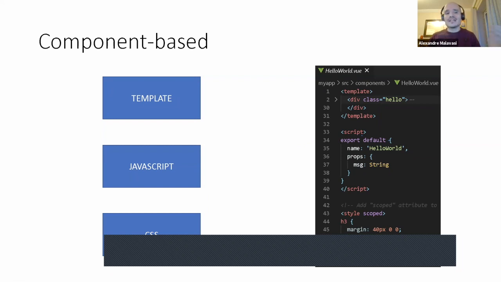You have template, JavaScript, and CSS: HTML, JavaScript, and CSS. You can combine all of them in the same file or in separate ones. For small projects, I prefer to keep them in the same file for simplicity. But for more complex projects, I prefer to keep them separate, even combining with TypeScript because of testability and automation tests, this kind of thing. So you have this option.